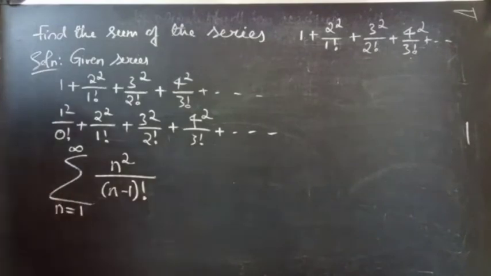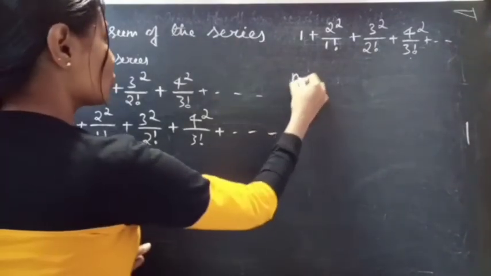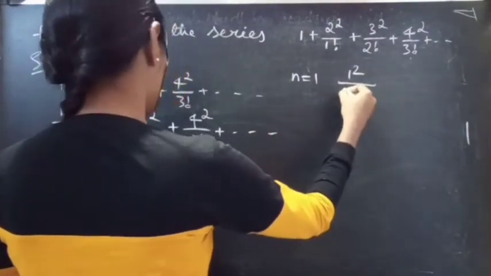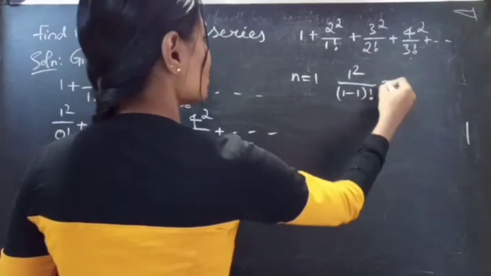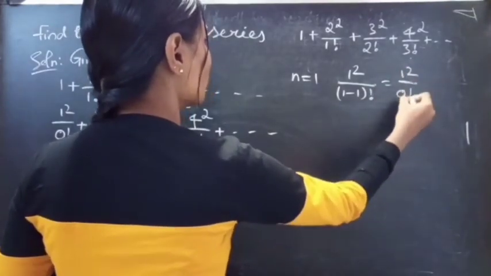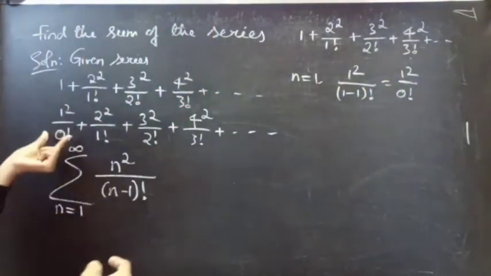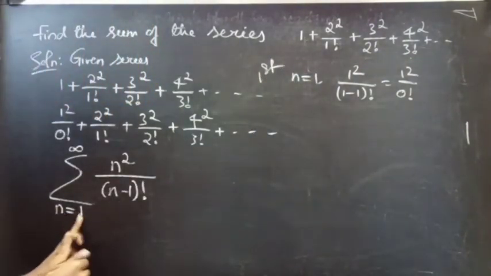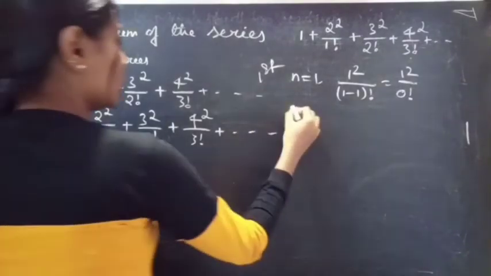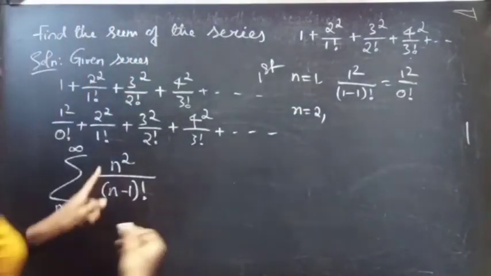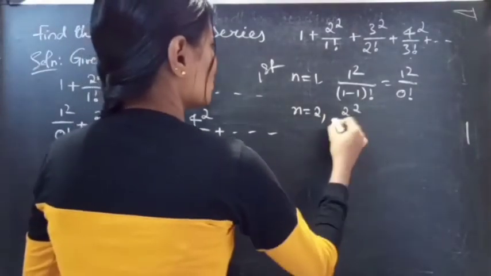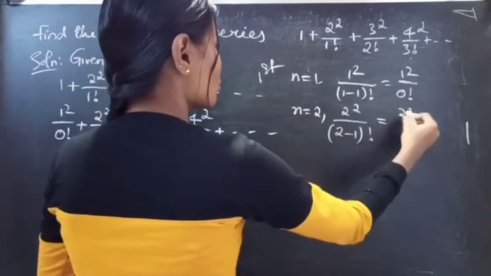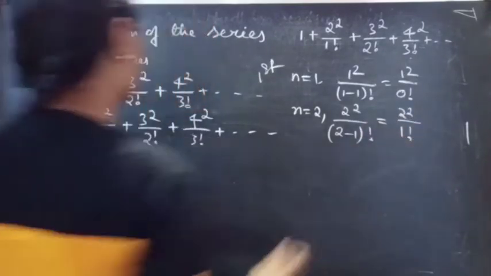Let's check it for n equals 1. If you put n equals 1 in this expression, you have 1 square by 1 minus 1 factorial, which is 1 square by 0 factorial, our first term. For n equals 2, 2 square by 2 minus 1 factorial, which is 2 square by 1 factorial.